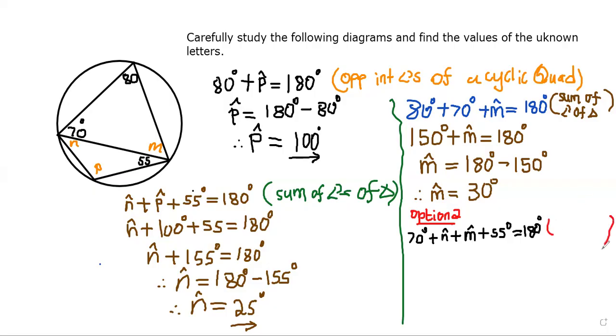You can write the reason here and say opposite interior angles supplementary. Just like that. And then from here, we are having angle 70, you write 70 plus our angle N. What is angle N?